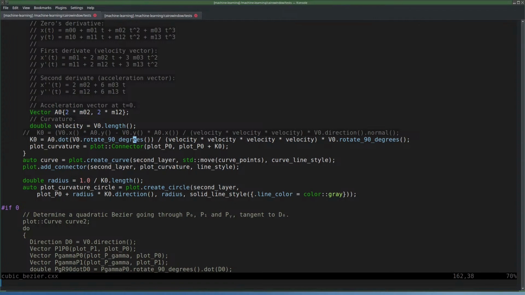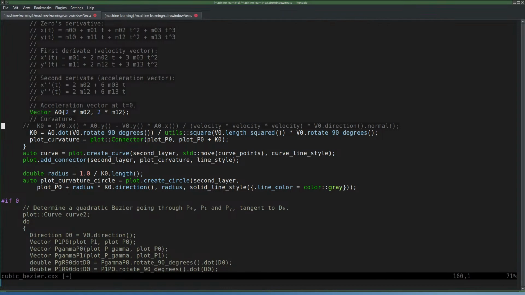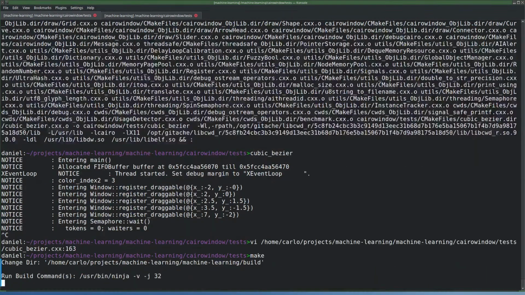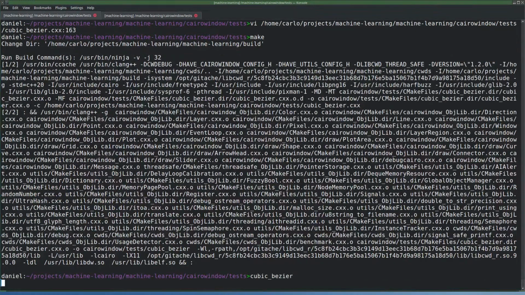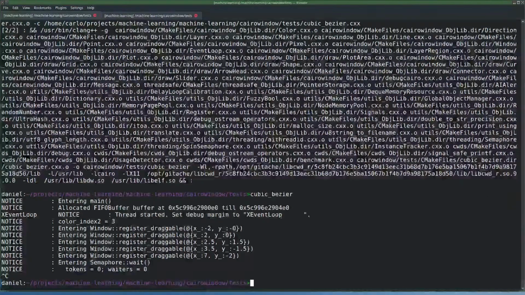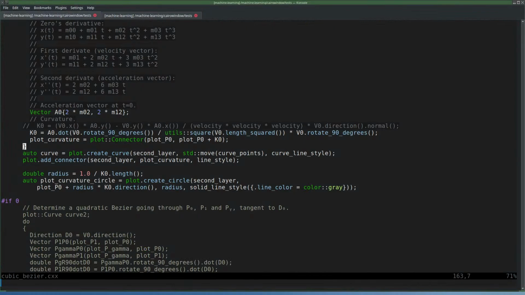Right, so now I can divide this by the square of V0 length squared. Good.